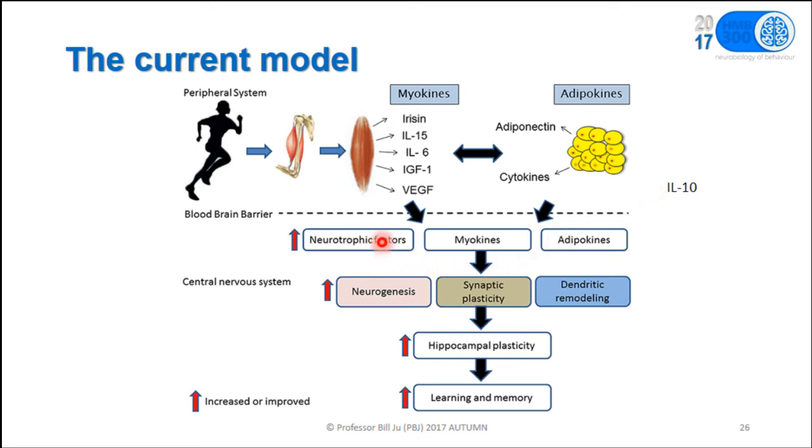All of these different things coming together have been thought to enhance neurogenesis, enhance synaptic plasticity, do dendritic remodeling, increase hippocampal plasticity, and as a result, exercise through all of these different pathways has been thought to increase learning and memory, right? And again, somewhat controversial, but really relevant to our discussion today.